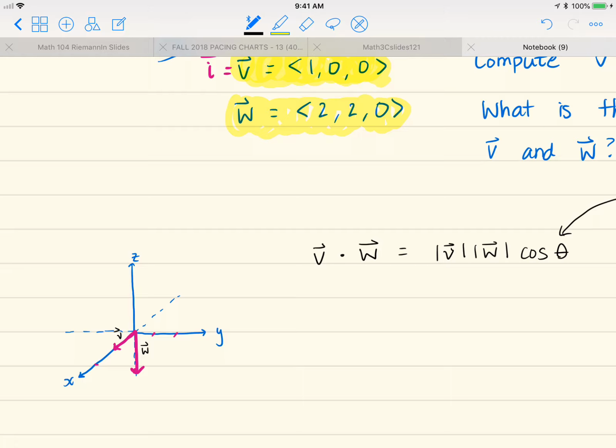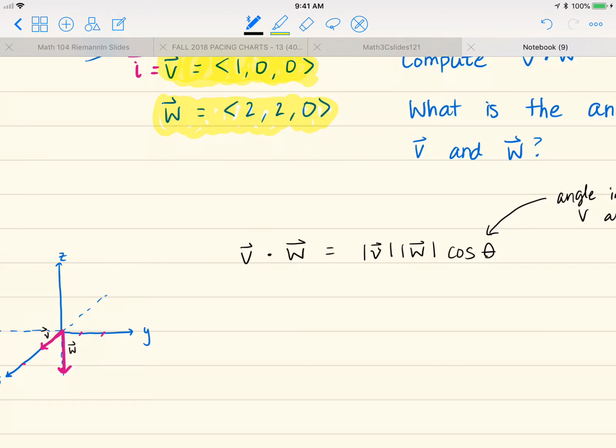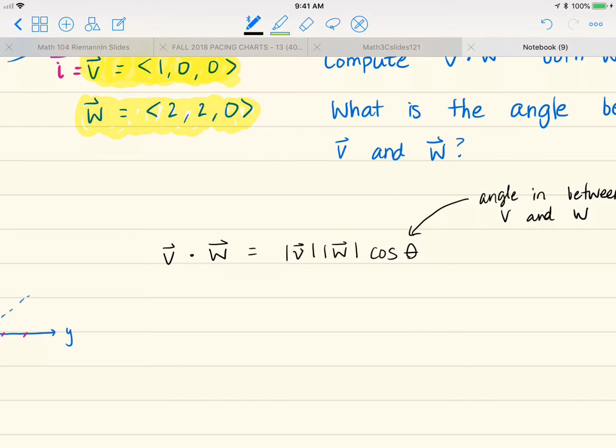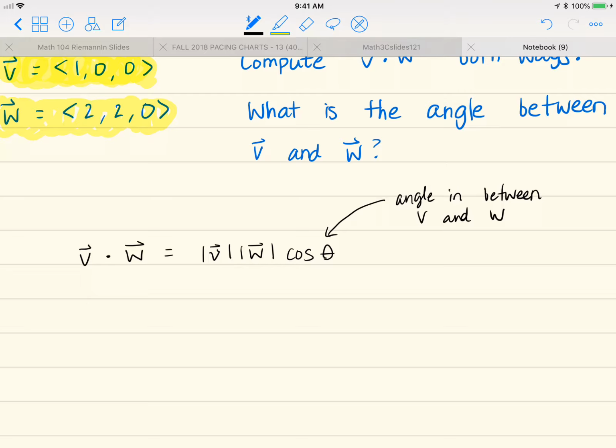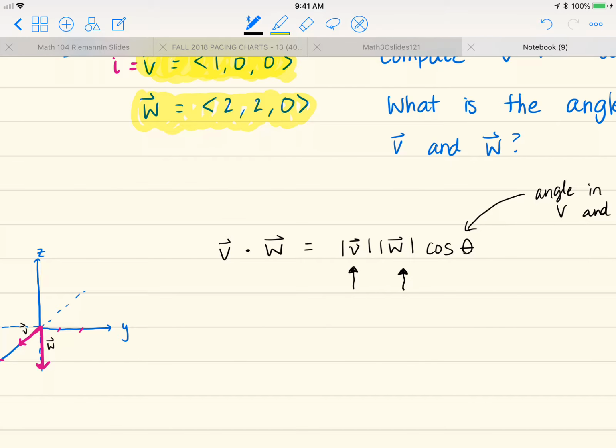Well, in order to use this formula, I need to know theta, right? Because we can compute the magnitude of v and the magnitude of w. So let's do that right quickly.